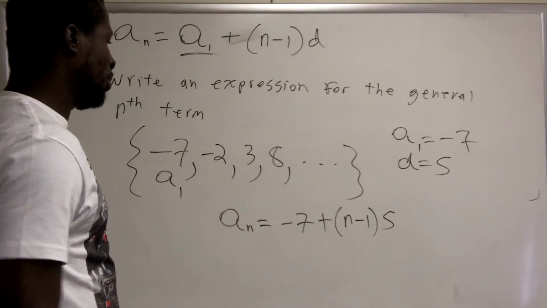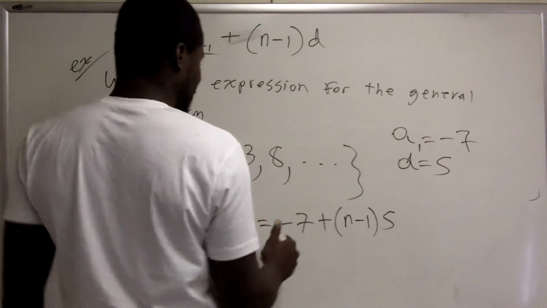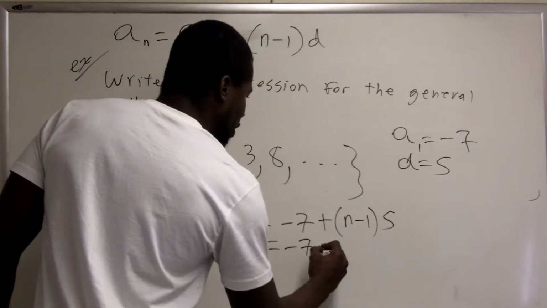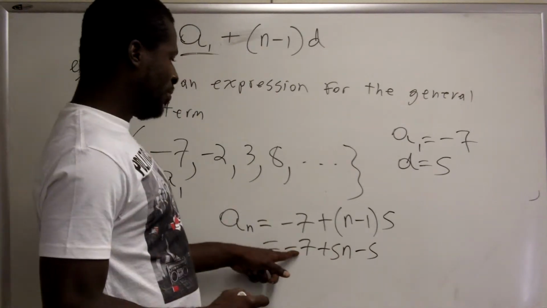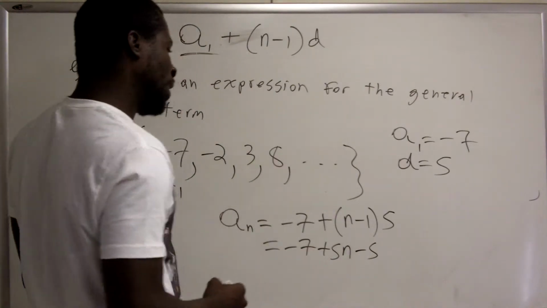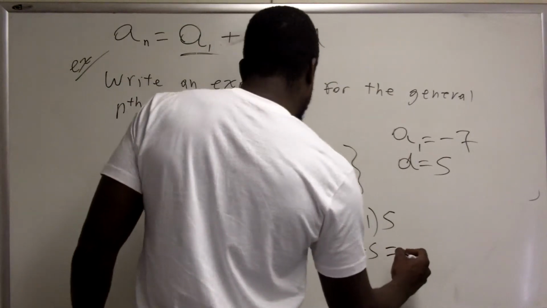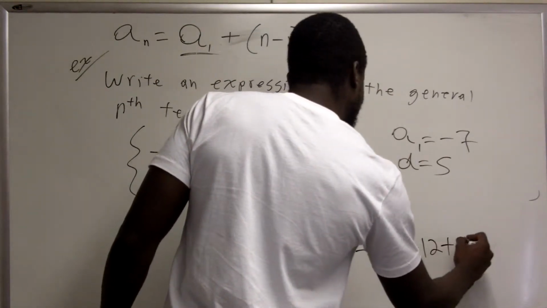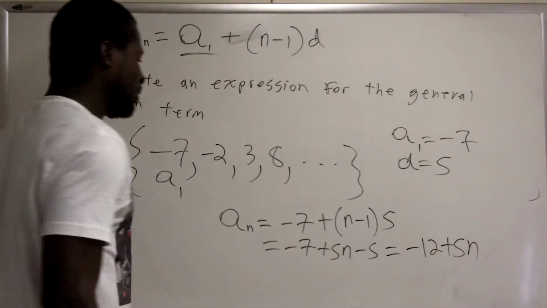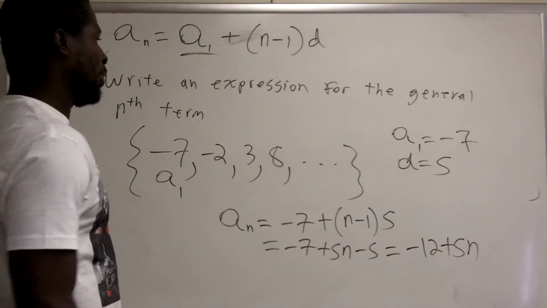So you get this expression, which you can simplify by distributing. You get -7 plus 5n minus 5. And then -7 and -5 gives you -12. So An is actually -12 plus 5n. So that is a formula for the general nth term.